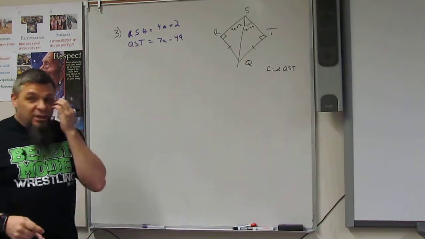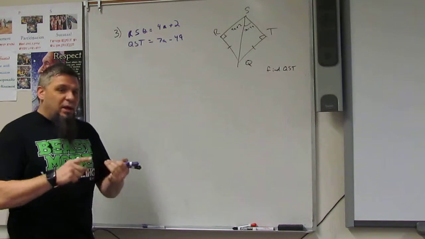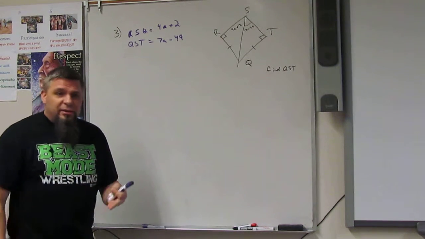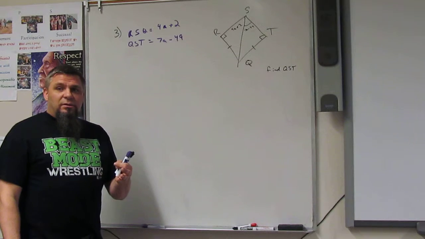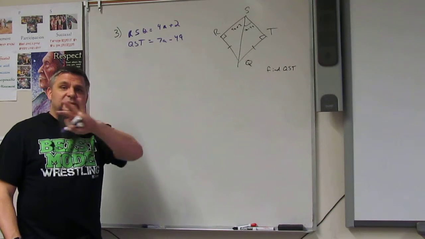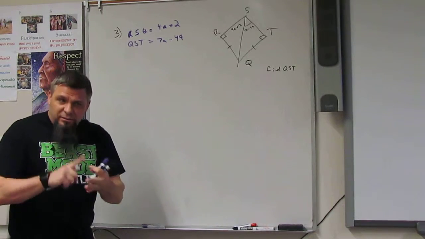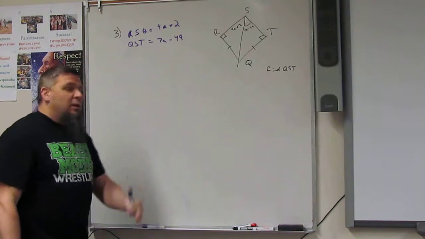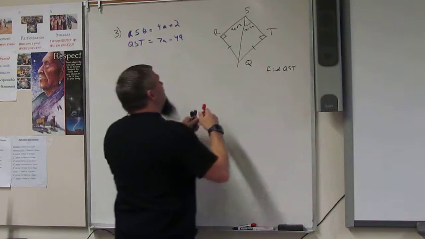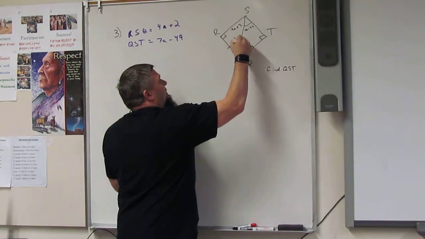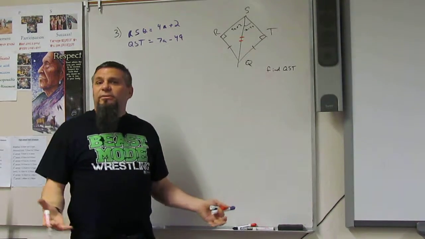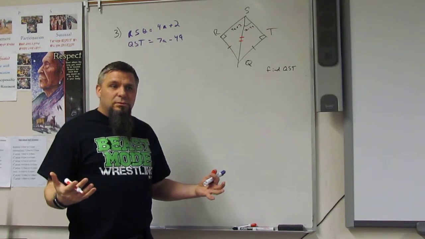Are they 90 degrees? Are they complementary, supplementary, or are they congruent? That's your biggest 3 things in geometry. Are they supplementary? Are they complementary? Are they congruent? Okay? So you look through here and you go, oh well, I know that these 2 sides are equal. I know this side's equal to itself, right? Because it's sharing.